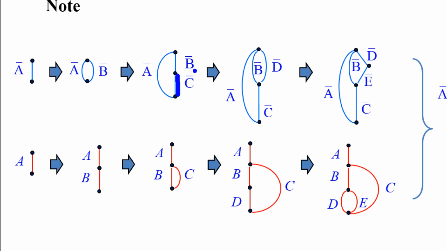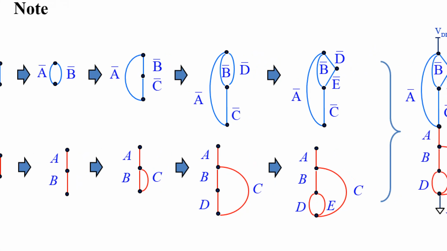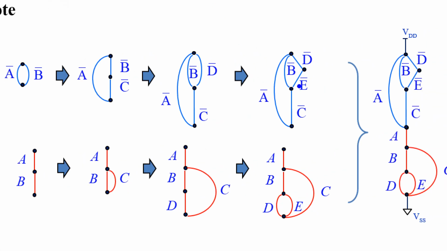If I add C in series to B, in the lower part of the circuit C must be parallel. And if I add D parallel, I must add D in series to B in the lower part. And if I add E in series to D at the upper part of the circuit, in the lower part, E must be connected in parallel to D.